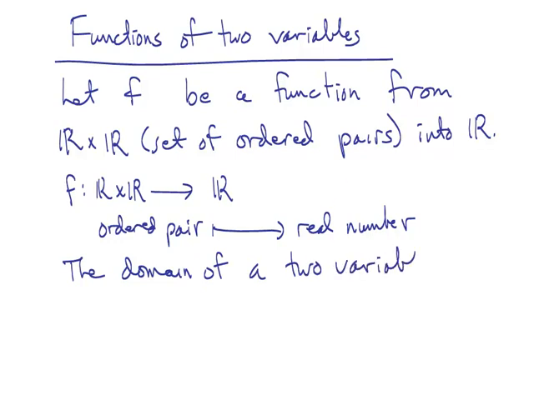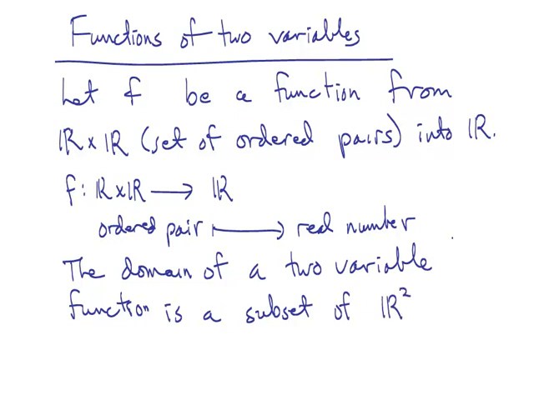We have to talk about a subset of where our ordered pairs live, which is in R2 on our xy plane. So the domain of a two variable function is a subset of R2, which again we represent graphically with the xy plane.